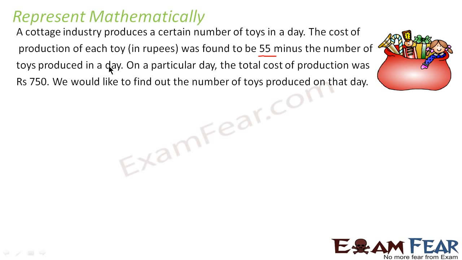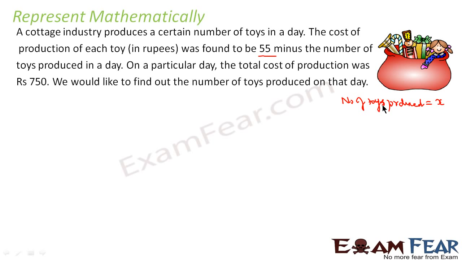So let's assume, the question is to find out the number of toys produced that day, correct? So we'll assume that the number of toys produced on that day is x. Number of toys produced is x, correct?